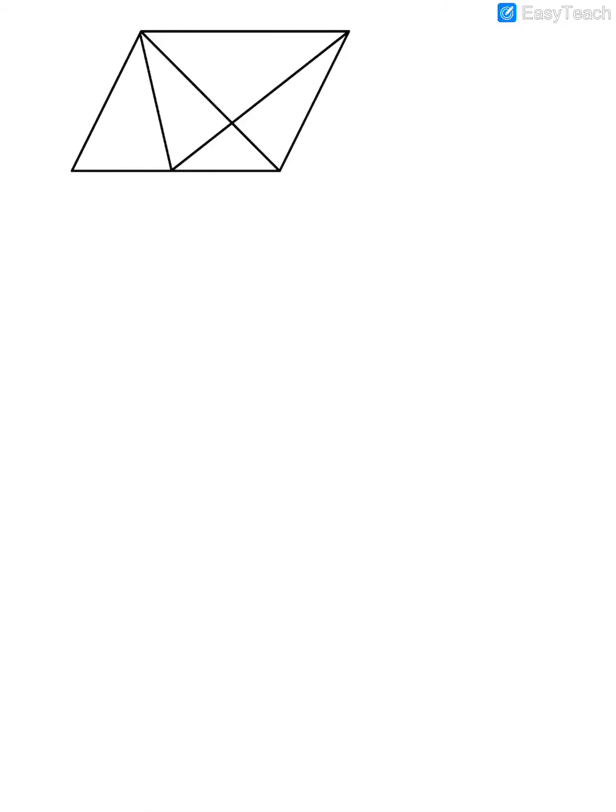Now let's label this triangle first. You're given A, B. So this is A, then B, and then C here. Then there's a point D. There's another point E out here. Then this side is equal to this side.